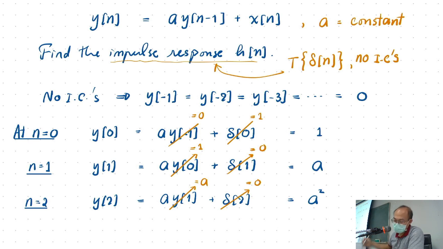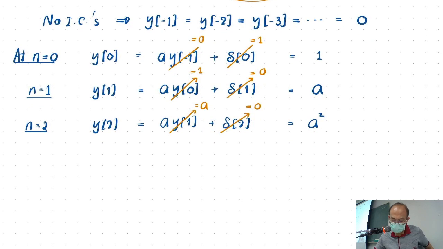And if you continue doing this, you're going to find that for an arbitrary n, the output would be a to the n. You can use mathematical induction to prove this, but I'm not going to do that.